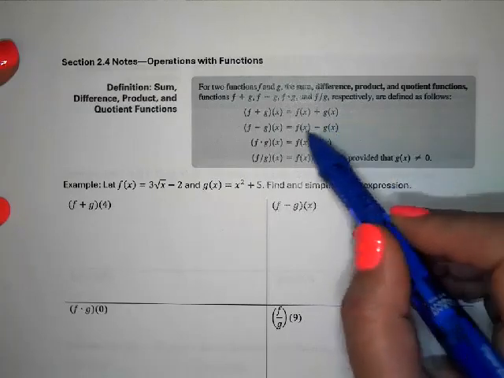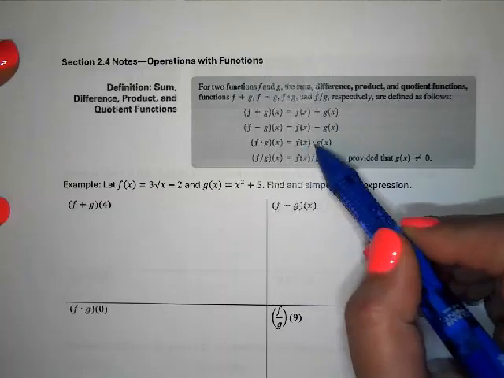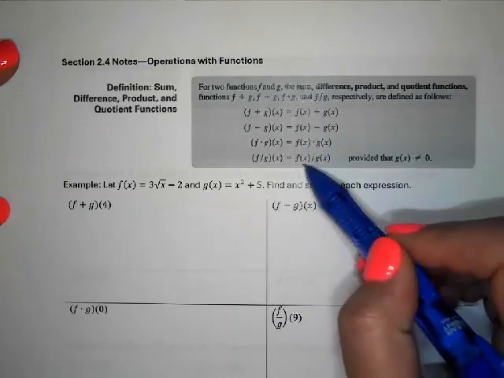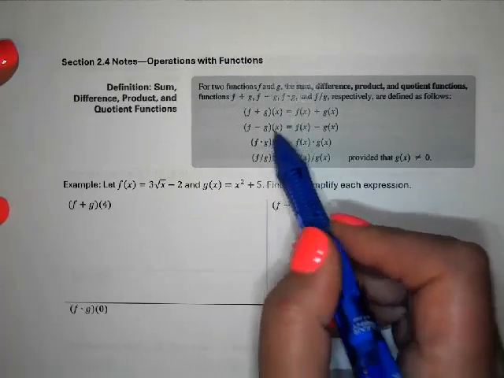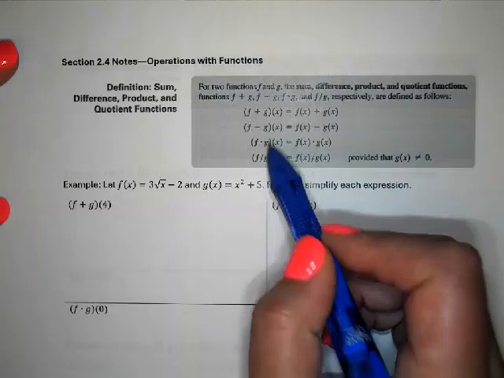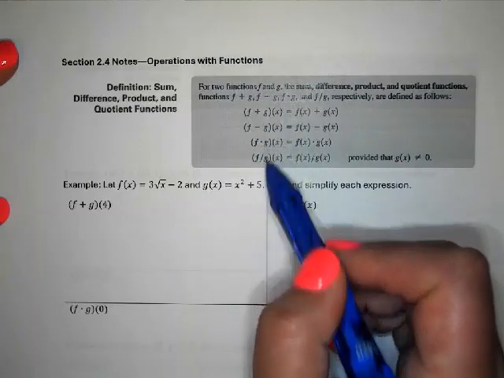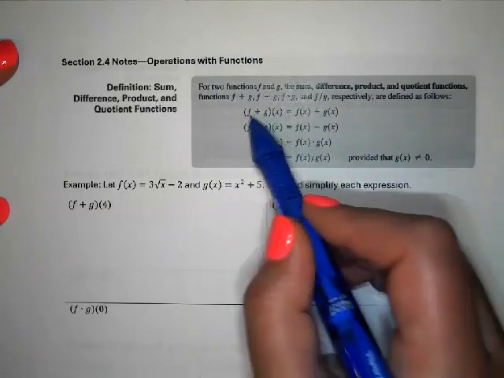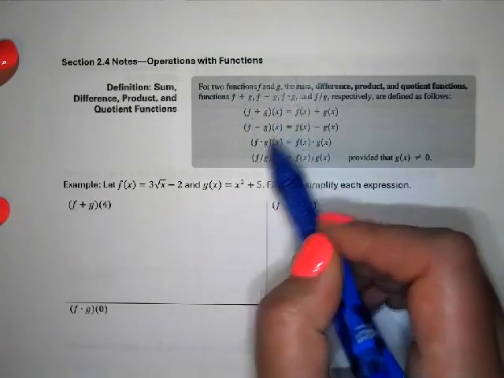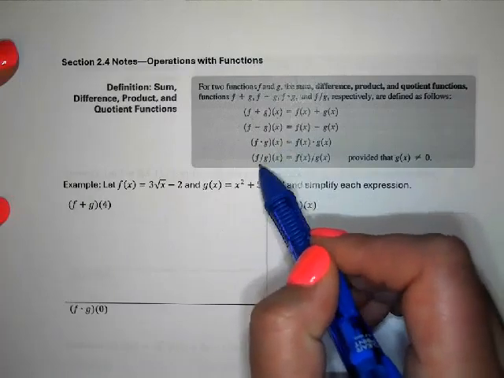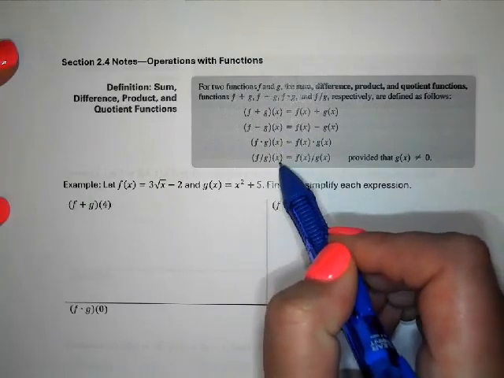F of x minus g of x, you're subtracting them. F of x times g of x, f of x divided by g of x. And then over here we have kind of like the shorthand notation, which is maybe even a little bit more common. So f plus g of x, f minus g of x, f times g of x, f divided by g of x.